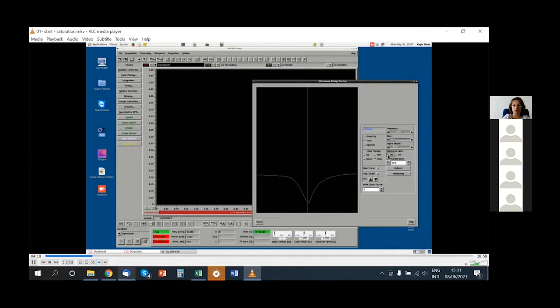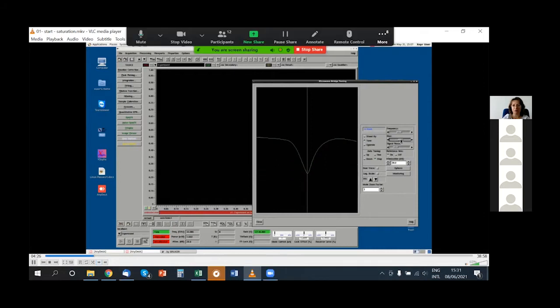So we have to optimize this dip to have it as narrow as possible and as symmetric as possible. And when everything is ready, we will read its value here. For the moment, you see only the magnetic field value in Gauss.